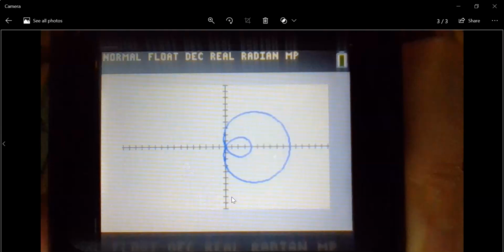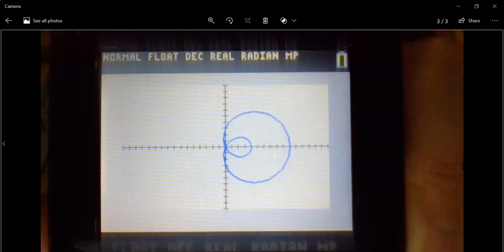There are other limacons as well, but this one is with an inner loop, and you can clearly see this is not a function in the rectangular form. In y equals a function of x, you couldn't graph this very well, but there you go. So that's how you graph with your calculator.